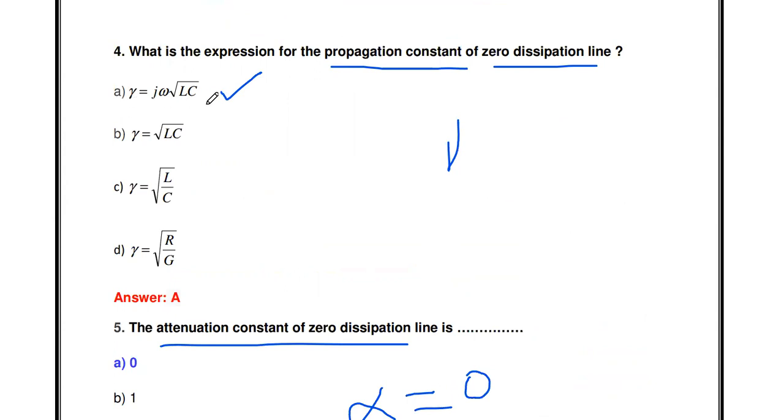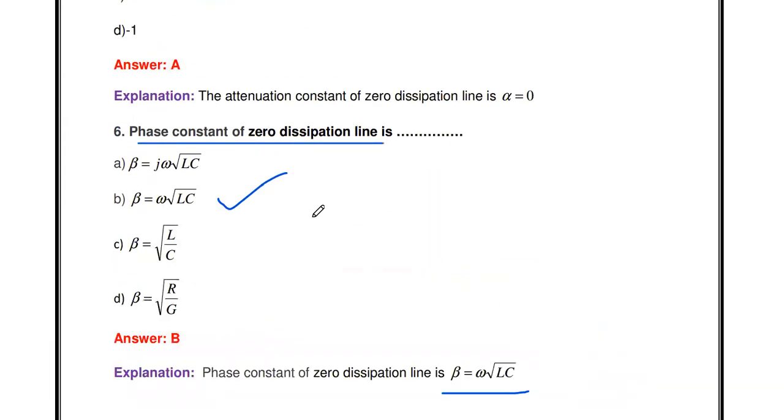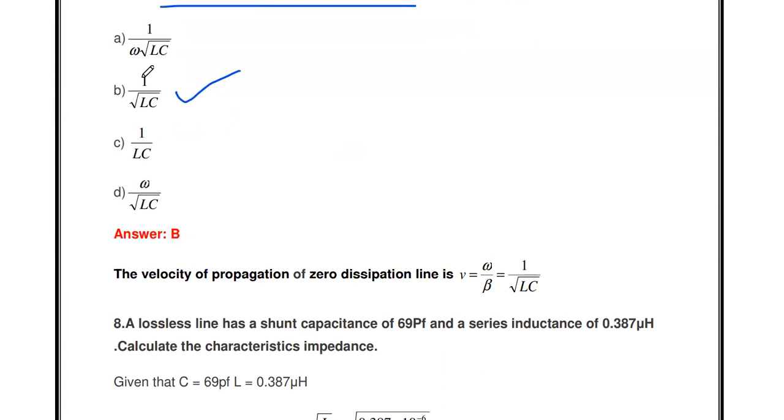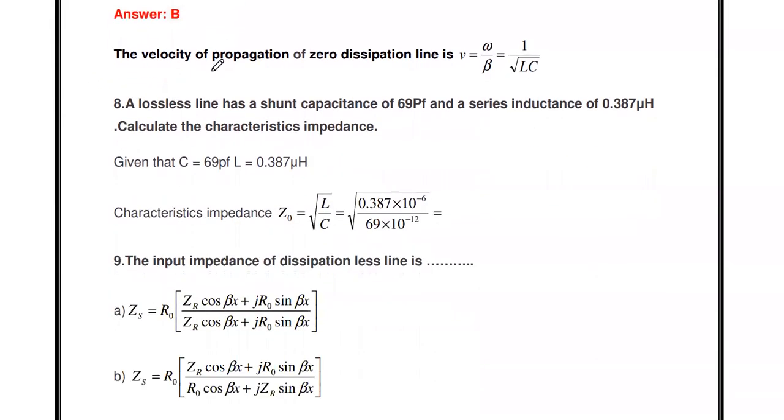From the propagation constant, we can say there is no real part, so the attenuation constant alpha equals 0, and this omega root LC is the phase constant beta. The velocity of propagation formula is 1 divided by square root of LC. Using these formulas, there is a possibility of a 2 mark problem being asked.